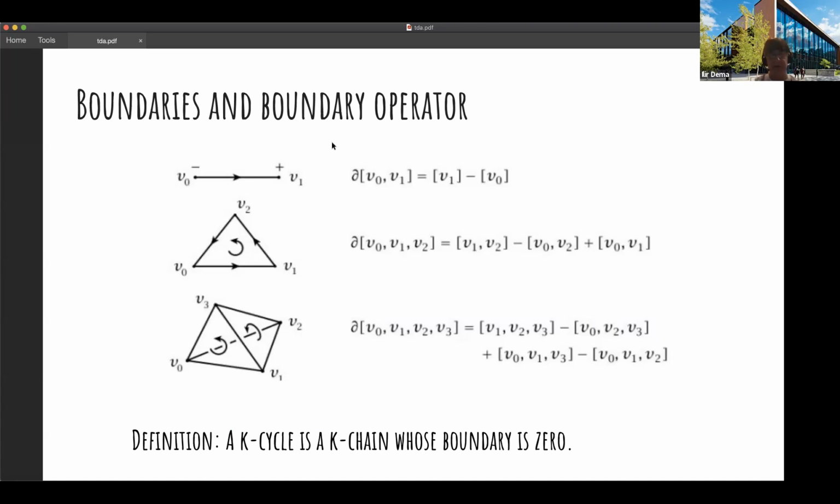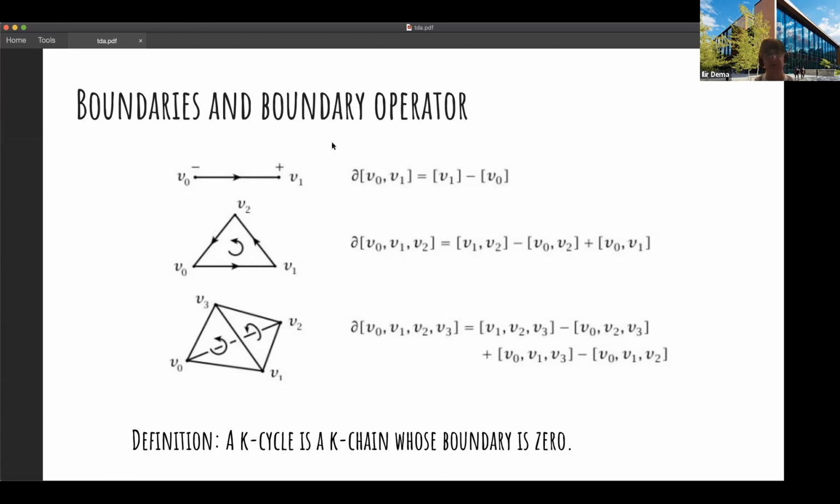So basically, let's define here the boundaries and the boundary operator. Formally speaking, if we have a simplex of dimension n, boundaries are the faces of this simplex. Formally speaking, they are simplices of dimension n minus 1, where one of the vertices is missing.